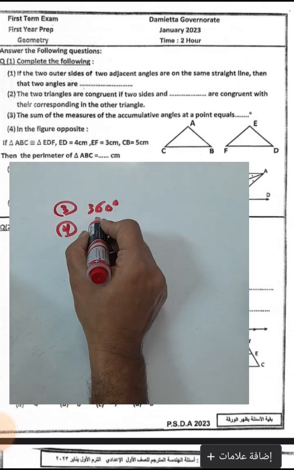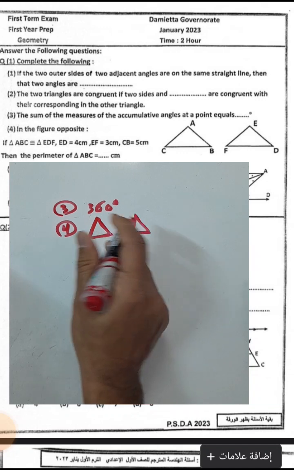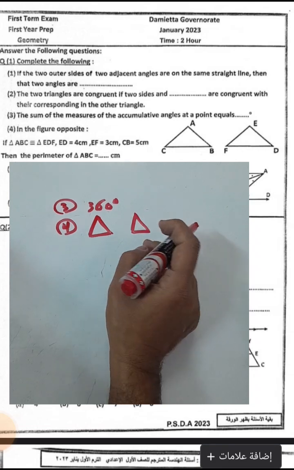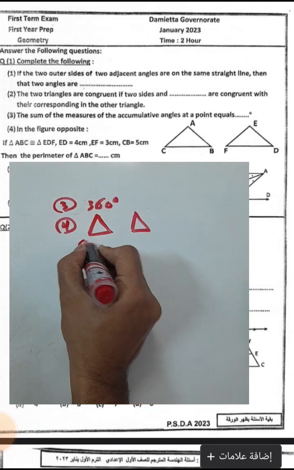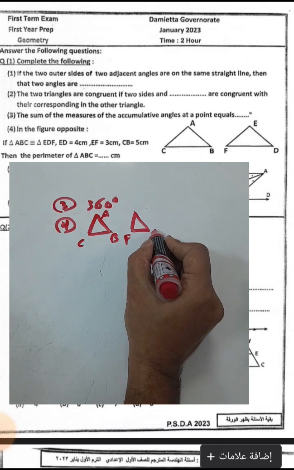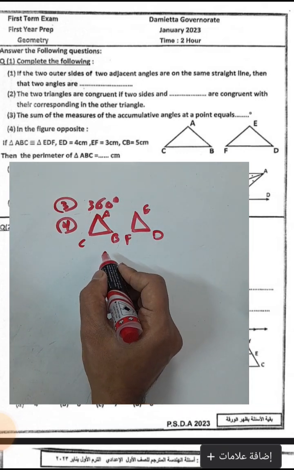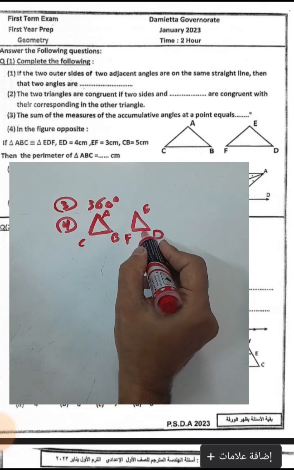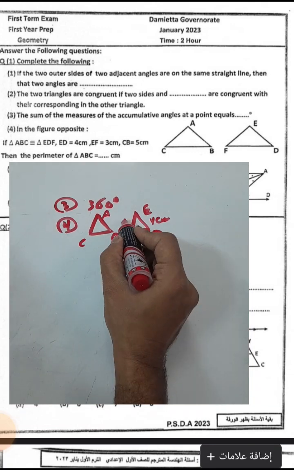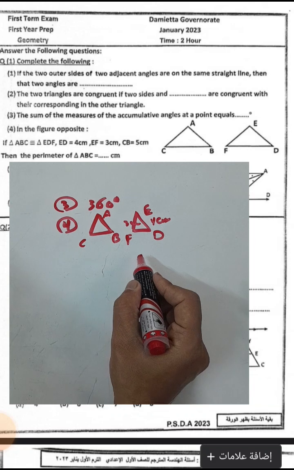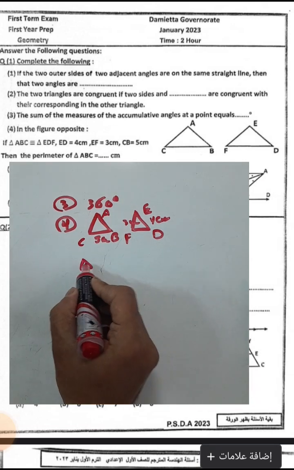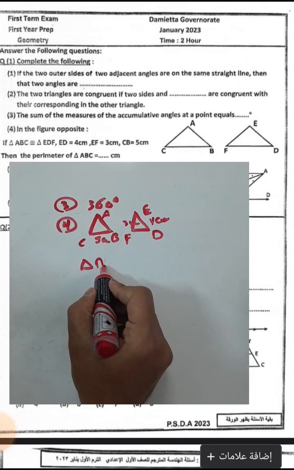We have two congruent triangles, meaning all sides in the first triangle equal the corresponding sides in the second triangle. He gives us the first triangle CAB and the next triangle FDE. The two triangles are congruent, and he gives us ED equals 4 centimeters, EF equals 3 centimeters, and FD equals 5 centimeters.